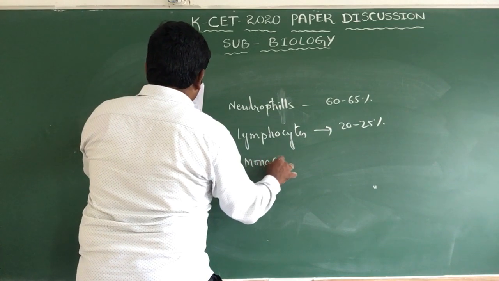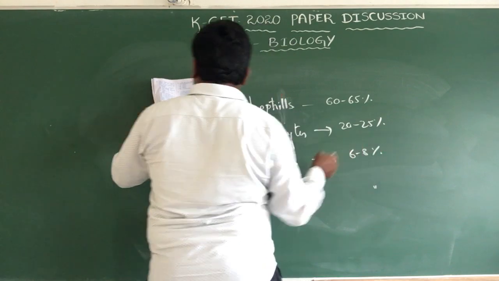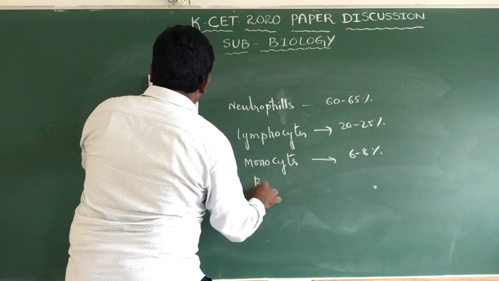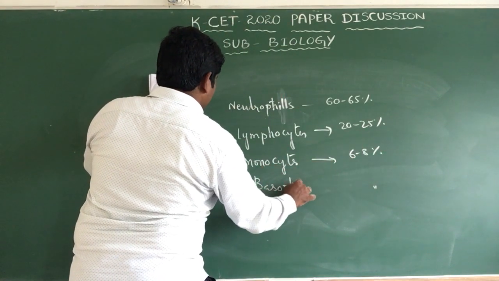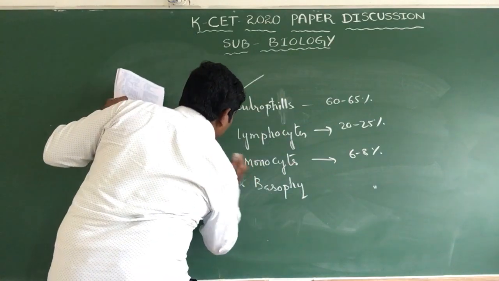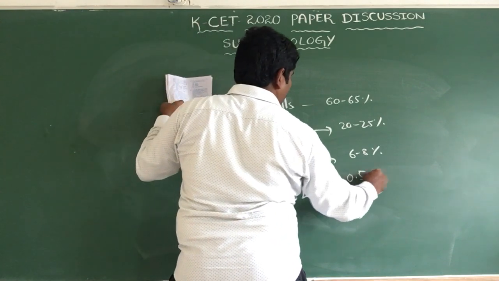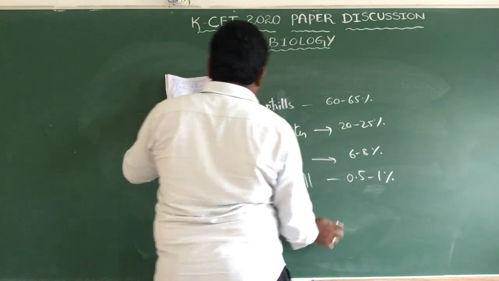Next, monocytes are 6 to 8 percent in the blood. And next one is basophils. Basophils are the least number. This is the highest number, this is the least number, so we have to remember that. Basophils are 0.5 to 1 percent.